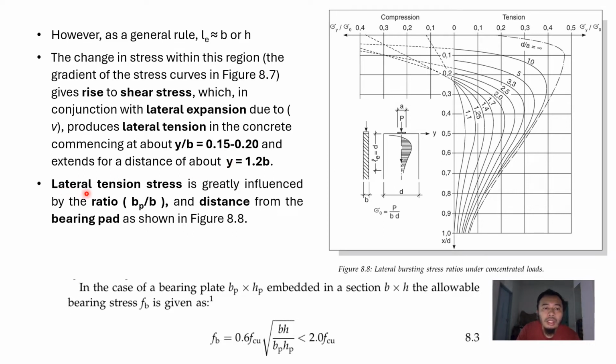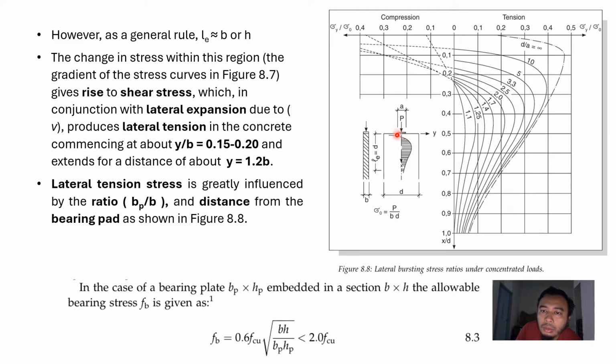So lateral tension stress is greatly influenced by the ratio BP over B and the distance from the bearing pad. The stress depends on the ratio of your plate to the supporting member's width, and the distance from the bearing pad.